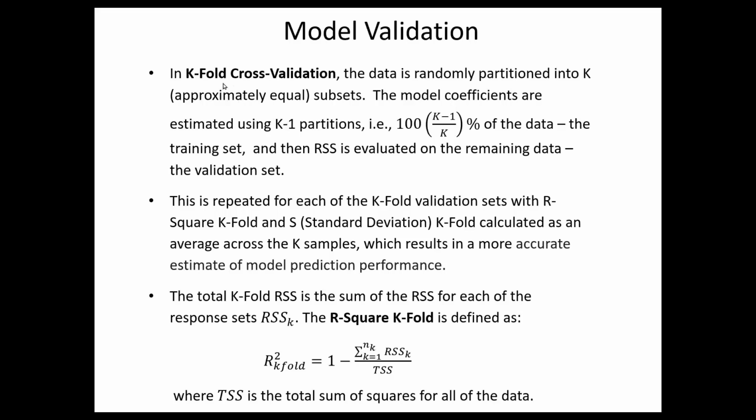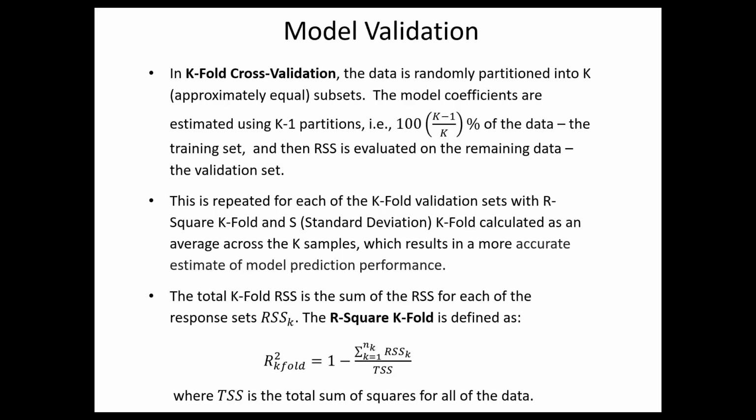We also have cross-validation. In cross-validation, the data are randomly partitioned into K, usually 10, subsets. The model coefficients are then estimated using K minus 1, so 9 partitions. Again, if I'm using K of 10, that means I'm using 90% of the data for training and the remaining 10% for evaluation.